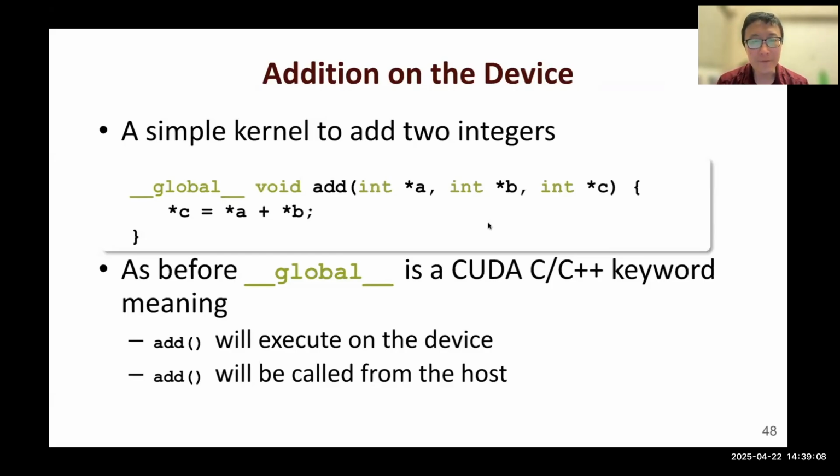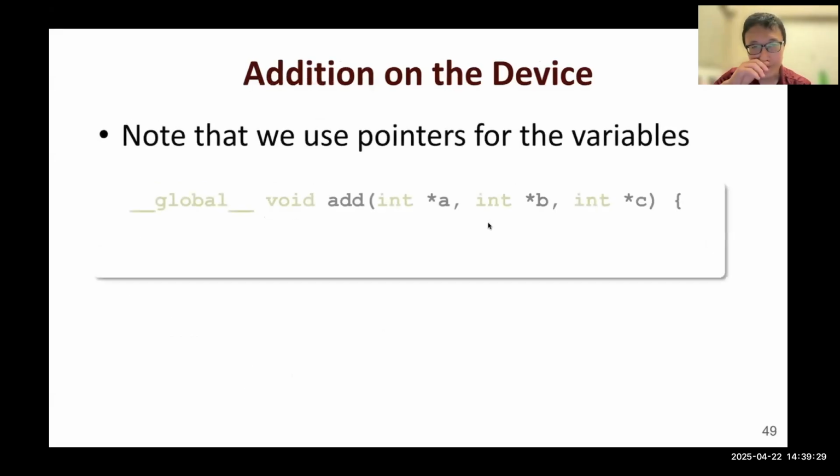And this add function will be executed on the device, because this global, remember, this global tells us this add function is a device function. You cannot run it on the host. The GPU doesn't recognize this function. It's not defined to be executed on the CPU. It's defined to be on the GPU.